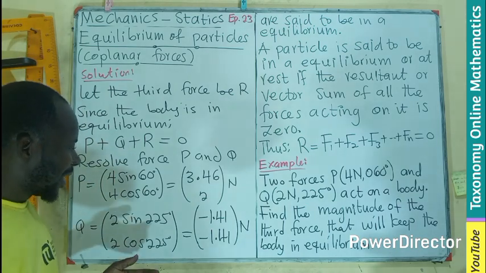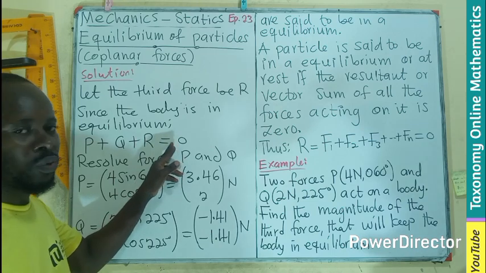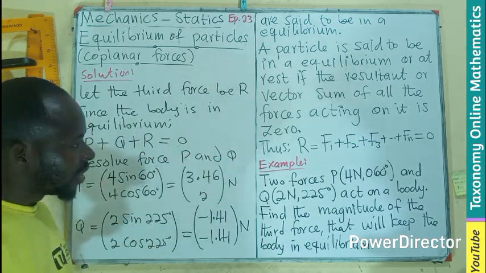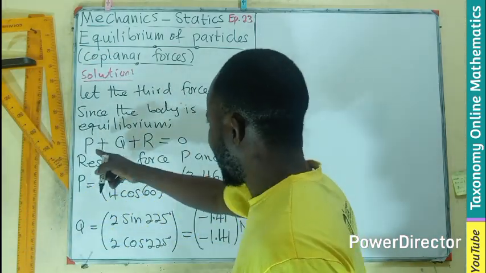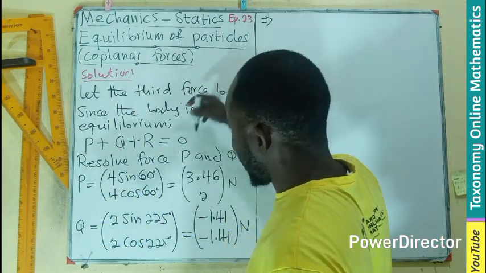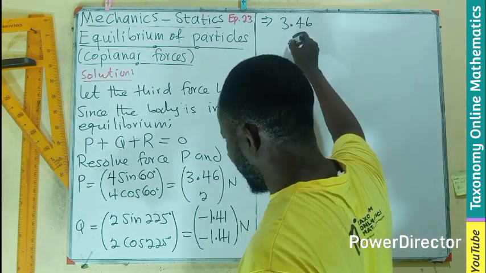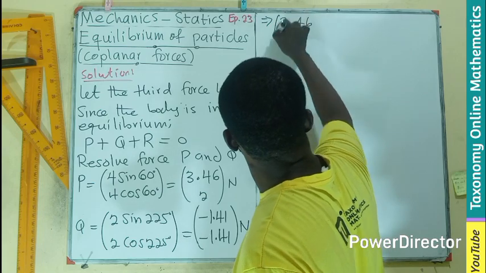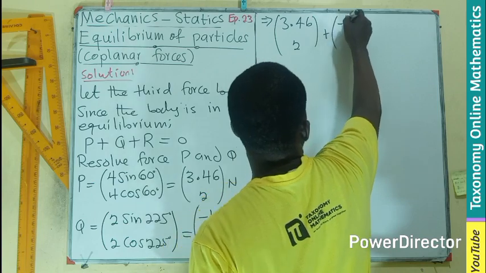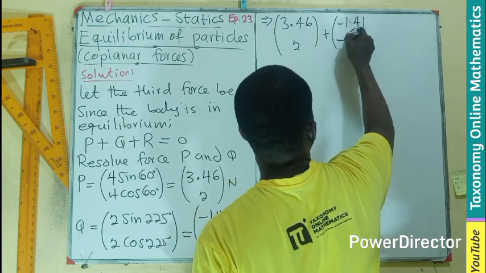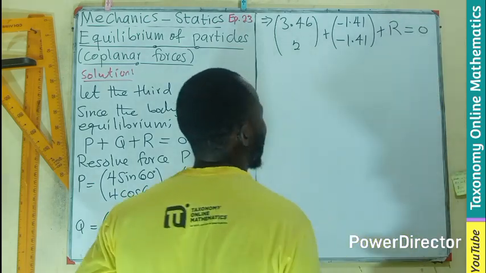So now remember, this value plus this value plus that of R equals what? 0. So let's find that equation and move on. From here we can just say directly, this implies that the P vector, which is 3.46 and 2, should be added onto the Q vector, which is negative 1.41, negative 1.41, all plus R should give us 0.